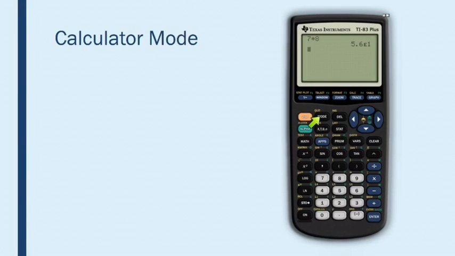Now let me go back and show you one more thing in the mode screen. The second line tells you how many decimal places will be displayed. The float option tells the calculator to display as many decimal places as are necessary, or you can choose the number of decimal places that will be displayed. So if you always want 2 decimal places, you can just change from floating mode to 2.